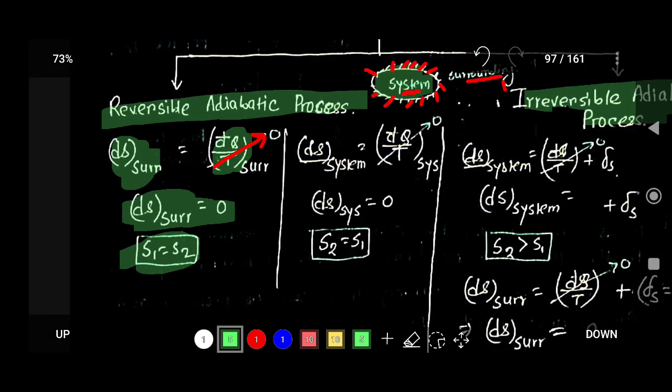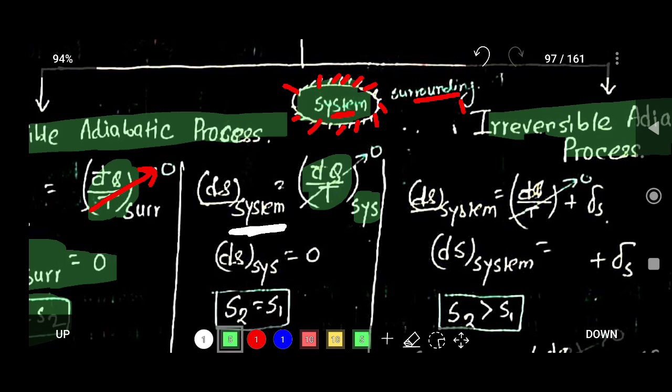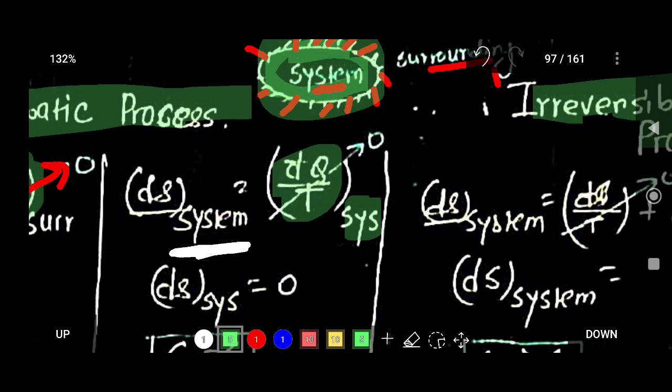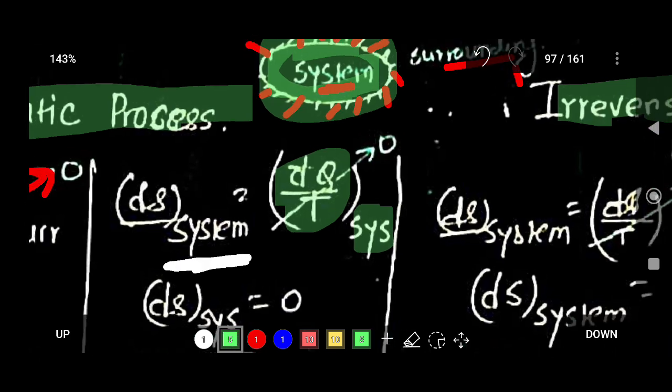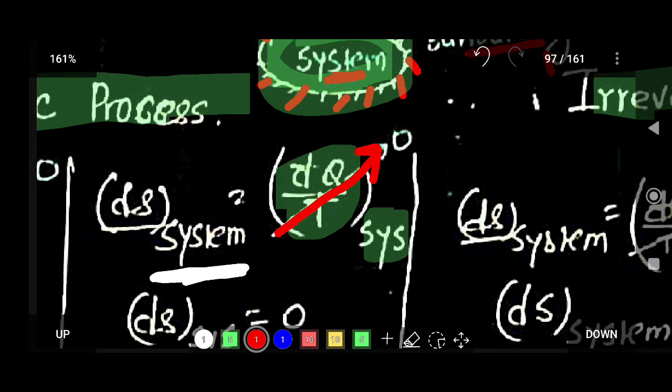Now for the system, same formula: dQ by T for the system. This is an insulated boundary, so Q is equal to 0. So dS system is equal to 0.